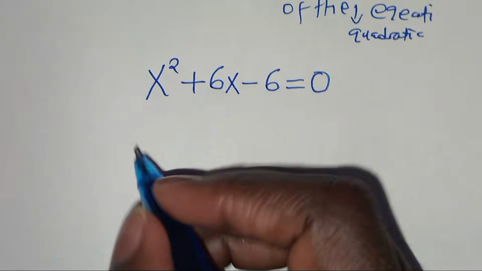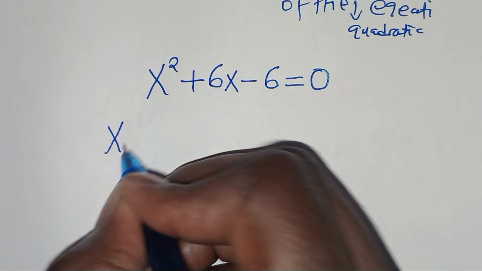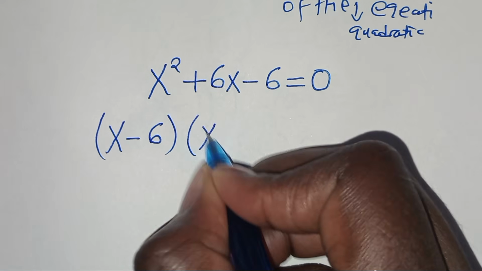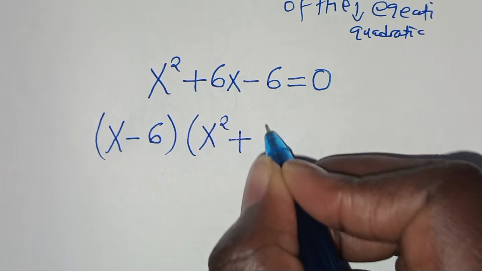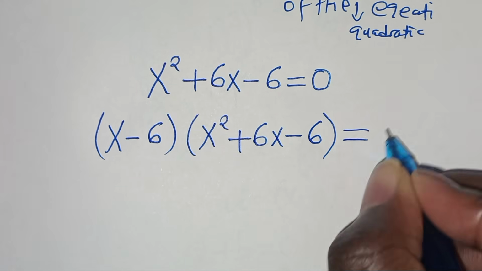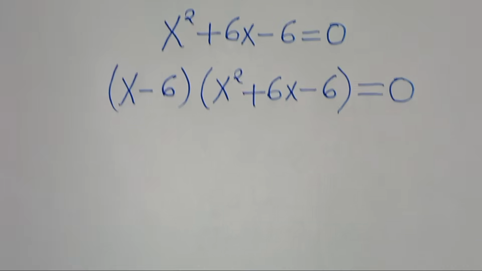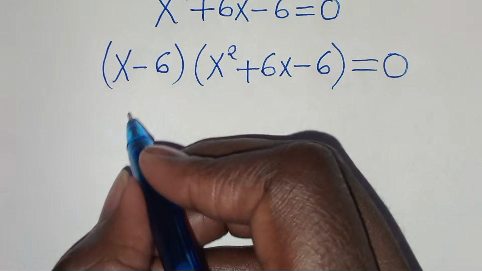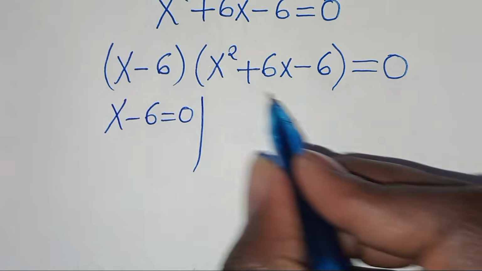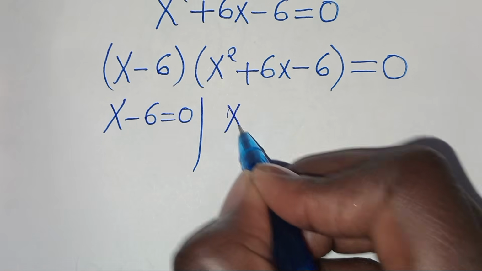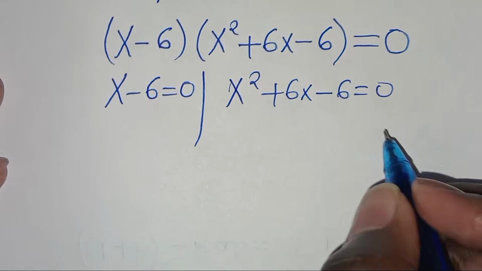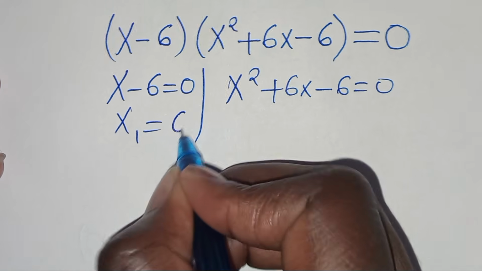And this follows that we have x minus 6 multiplied by x to the power of 2 plus 6x minus 6, this is equal to 0. Now we have x minus 6 equal to 0, and the second part here is a quadratic equation. This means that x1 is equal to 6.